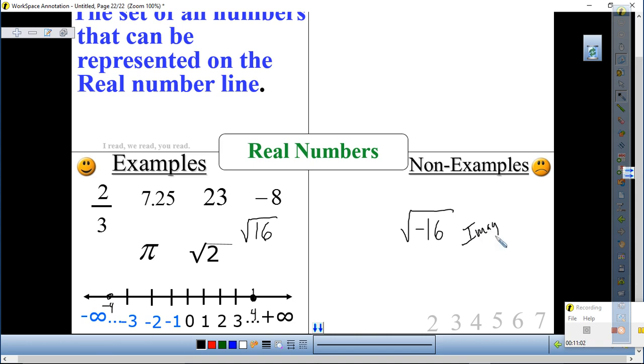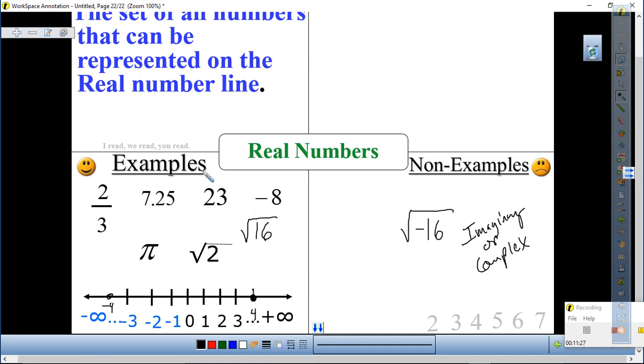That is correct. Imaginary. These are known as imaginary numbers. Write it in there, please. And when you get to Algebra 2, instead of calling them just imaginary, they're going to call them complex numbers, complex. And there is such a thing. There's a number line that's called the imaginary line, okay?